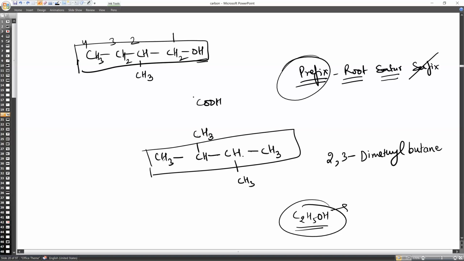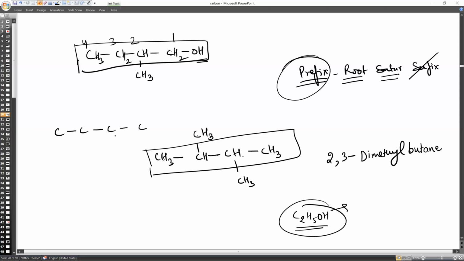Got it? Yes, sir. And if the functional group does not have its own carbon, like OH, then the carbon with which the functional group is attached, like this carbon is attached with this one. Its structure is like this.